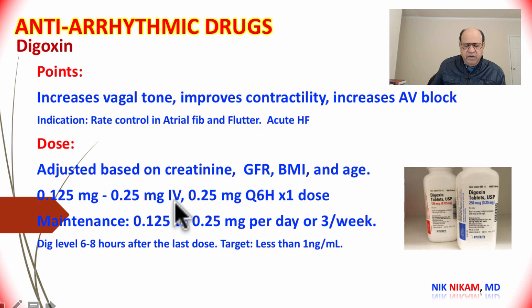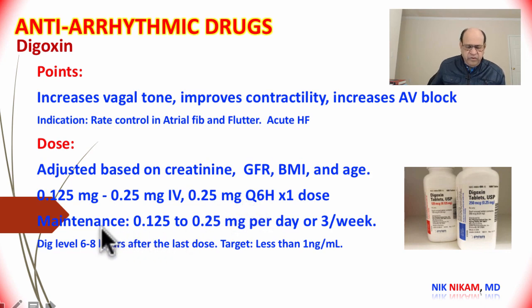After several hours, the dose can be repeated. We do not need the loading dose as we used to use it in patients with heart failure. If the first dose is not able to reduce the ventricular response, a second dose can be given in 6 hours and followed by close observation.